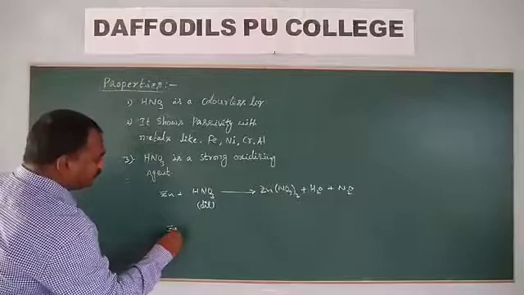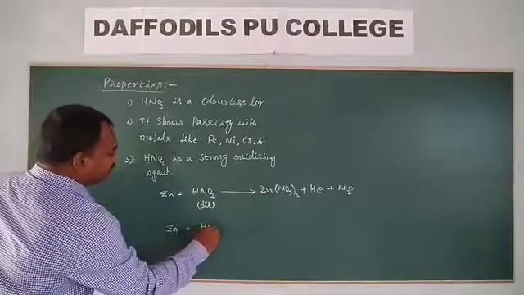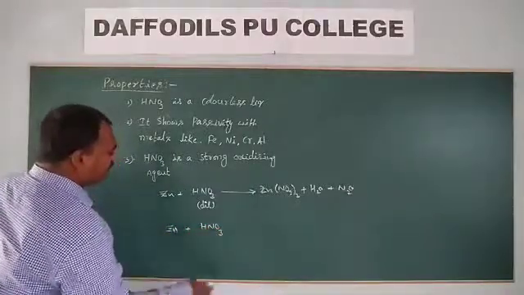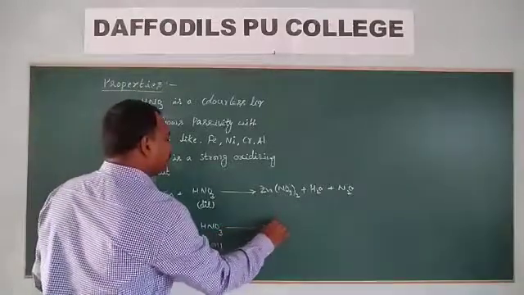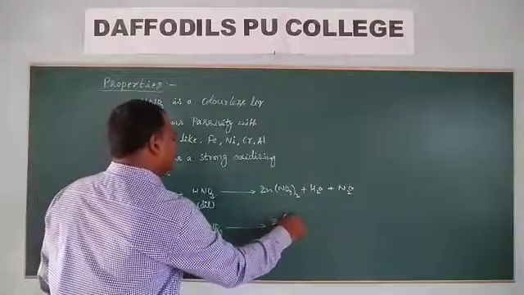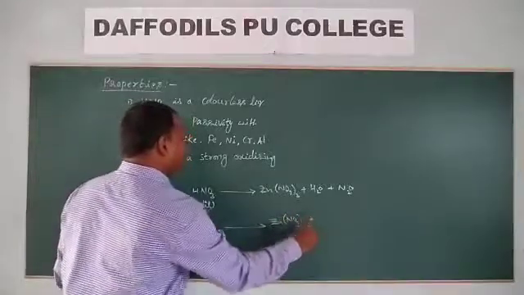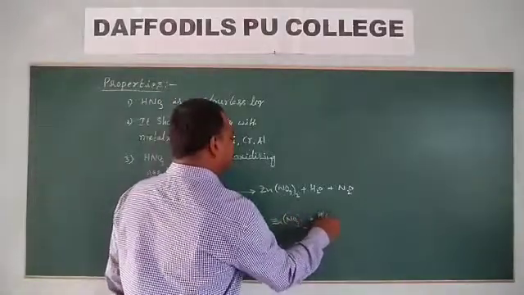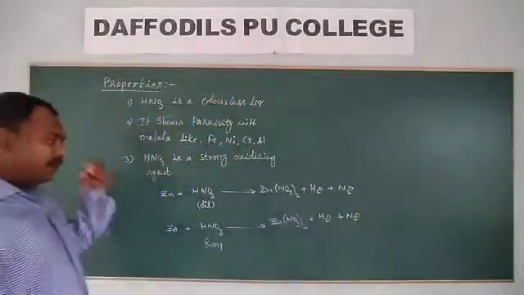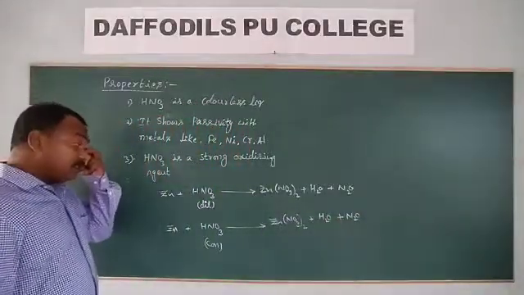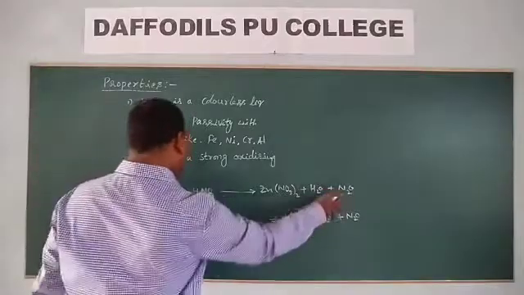When zinc reacts with concentrated nitric acid, we get zinc nitrate, water and nitrogen dioxide gas. When it reacts with dilute nitric acid, we get N2O.